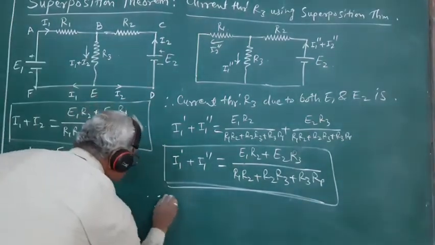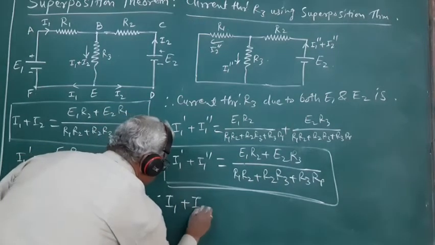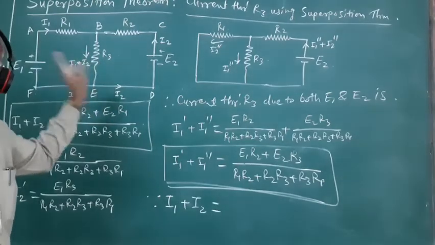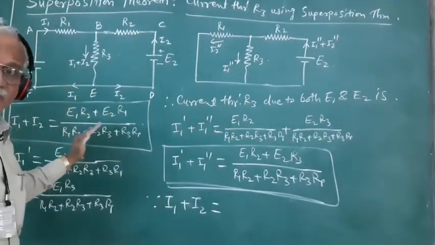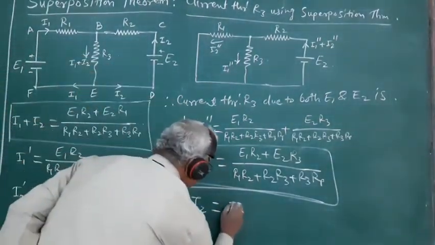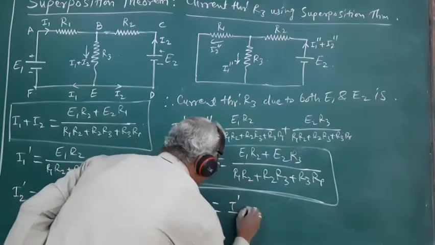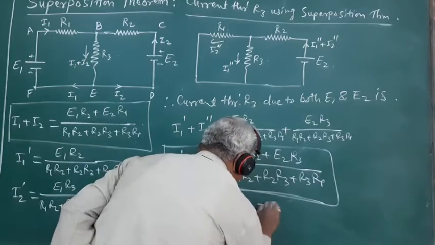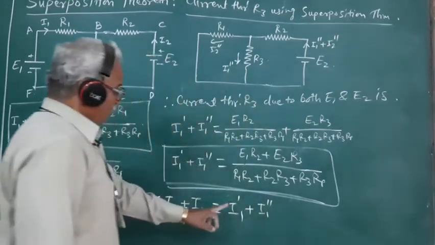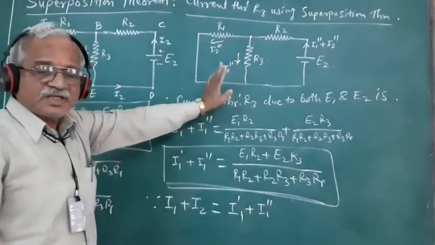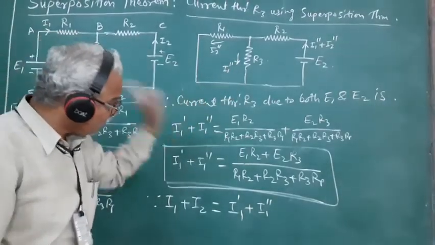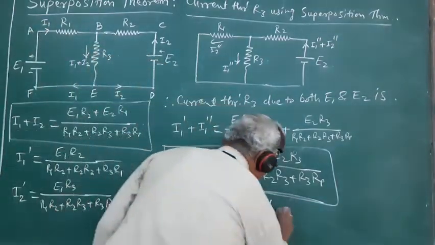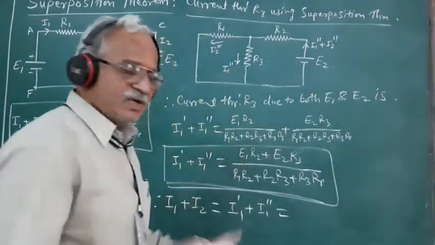Since I1 plus I2, the current flowing through the resistance R3 obtained by using Kirchhoff's laws, is the same as the current I1 prime plus I1 double prime flowing through the resistance R3 by application of the superposition theorem, we can say that the superposition theorem is verified.